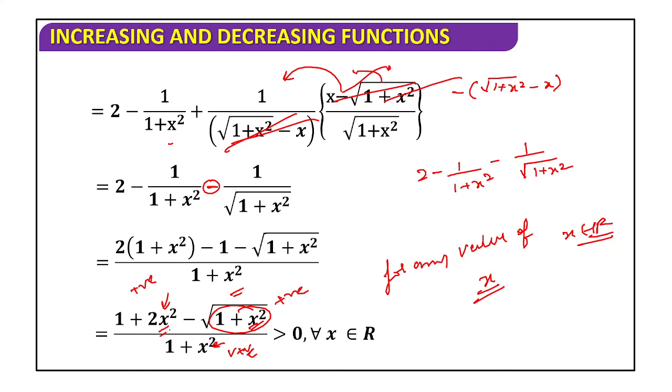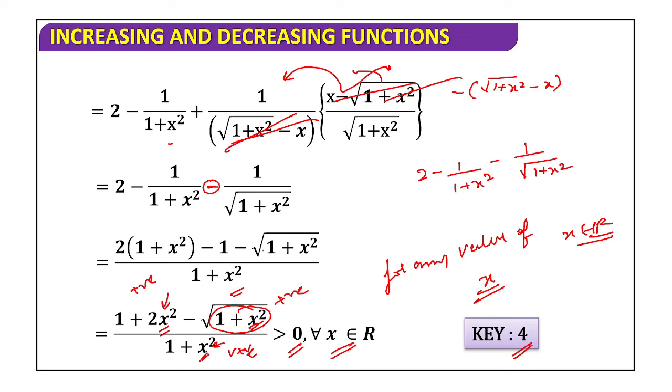For any x belongs to R, this is also always positive. So for every x belongs to R, the complete function is going to be greater than 0. Hence x belongs to R will be our answer. That is option 4.